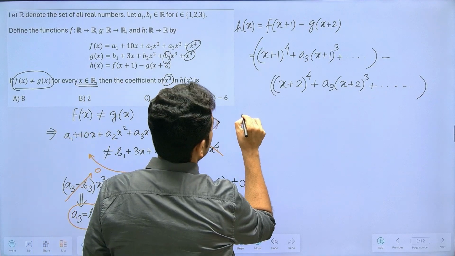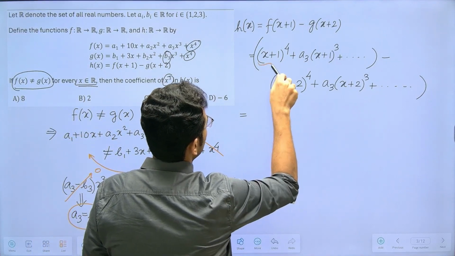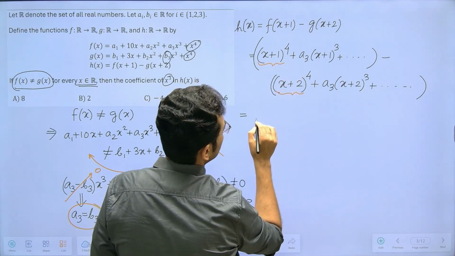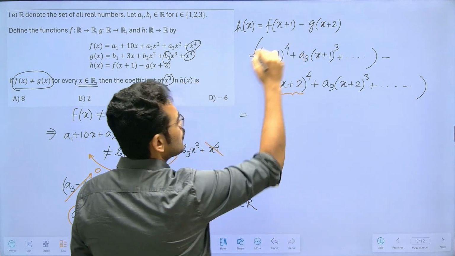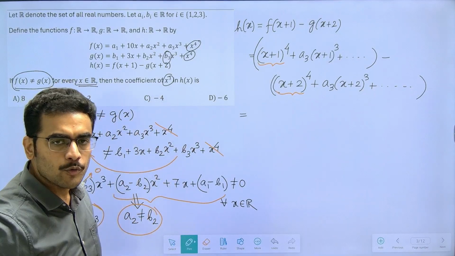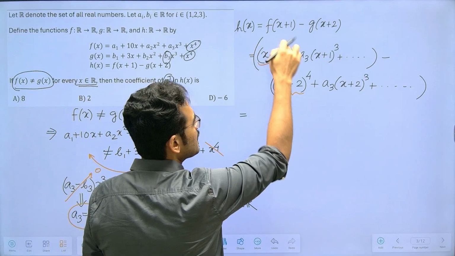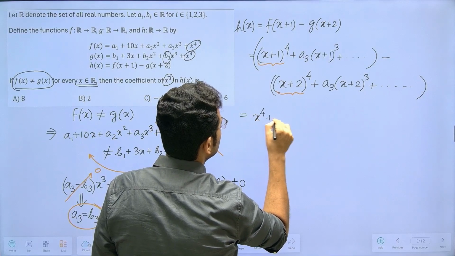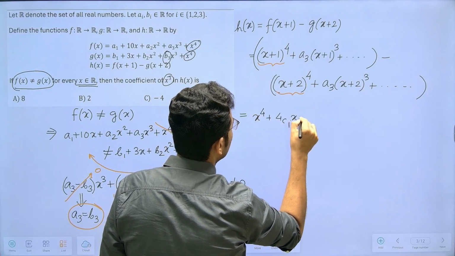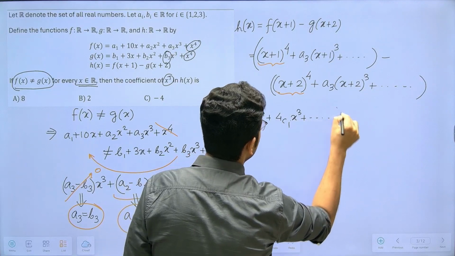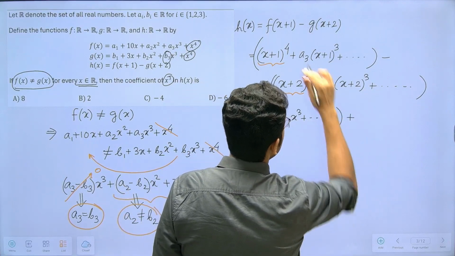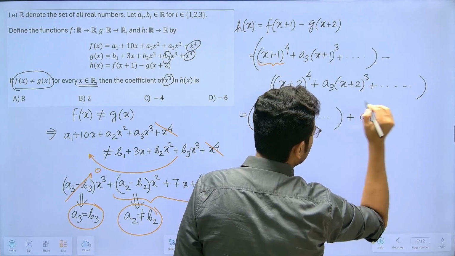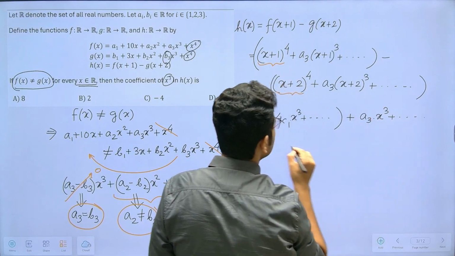So if we consider now (x+1) to the power 4 minus (x+2) to the power 4, directly we can find out the x cubed coefficient. Binomial, if you expand (x+1) to the power 4, it will be x to the power 4 plus 4C1 into x cubed plus the lower degree terms, plus here the coefficient of x cubed will be a3 into the very first term, x cubed plus so on.